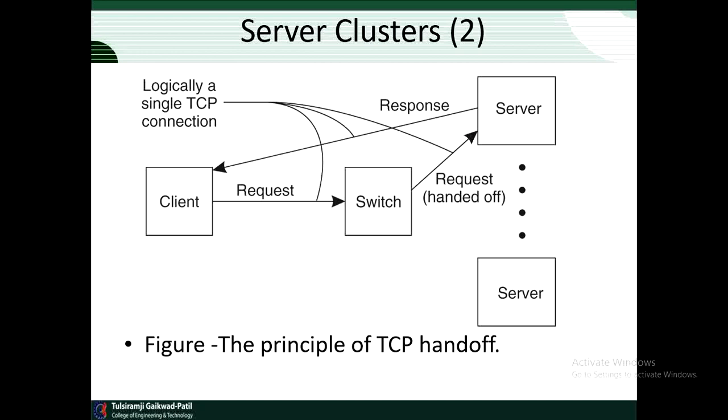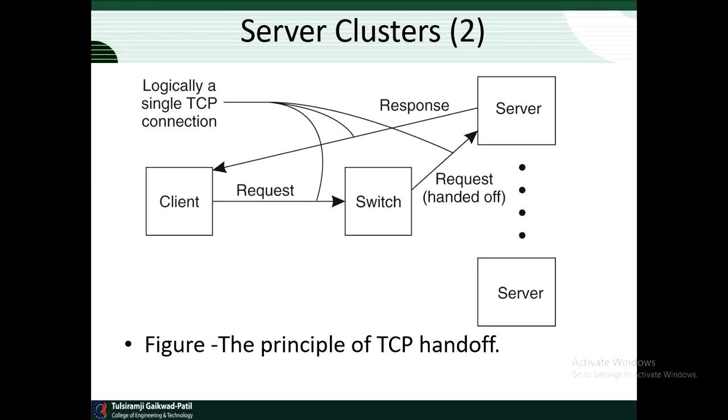Now we will see the principle of TCP handoff. A standard way of accessing a server cluster is to set up a TCP connection, over which application level requests are then sent as part of a session. A session ends by tearing down the connection.